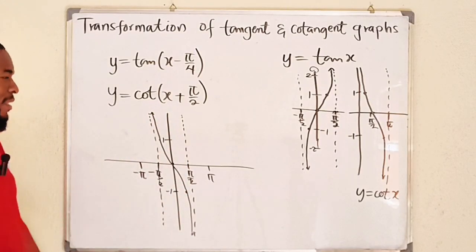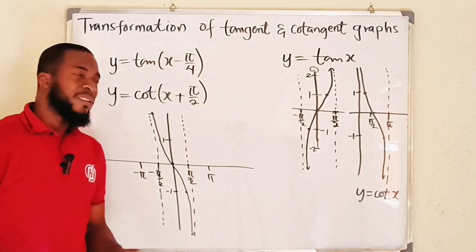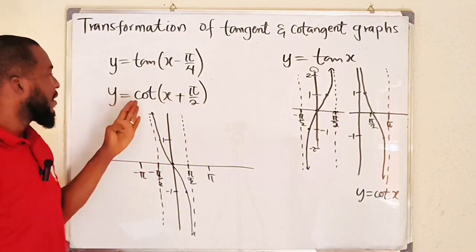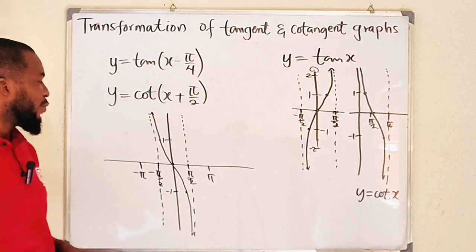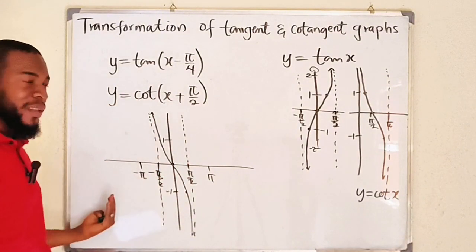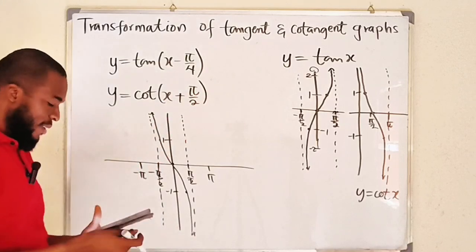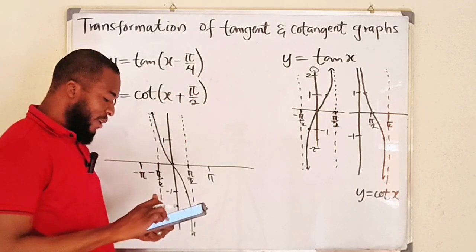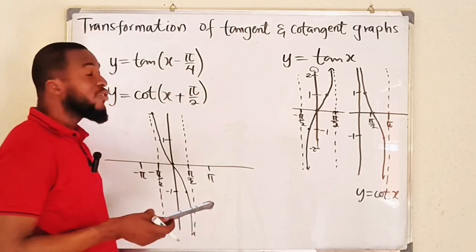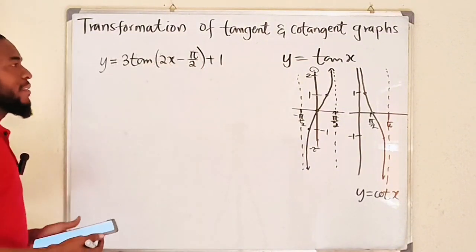You see that? So this is what? The transformation of cotangent of x plus pi divided by 2. Everything has been shifted to the left, pi over 2 units. Now let us move on to the next one, which is a combination of all. This is our first problem.